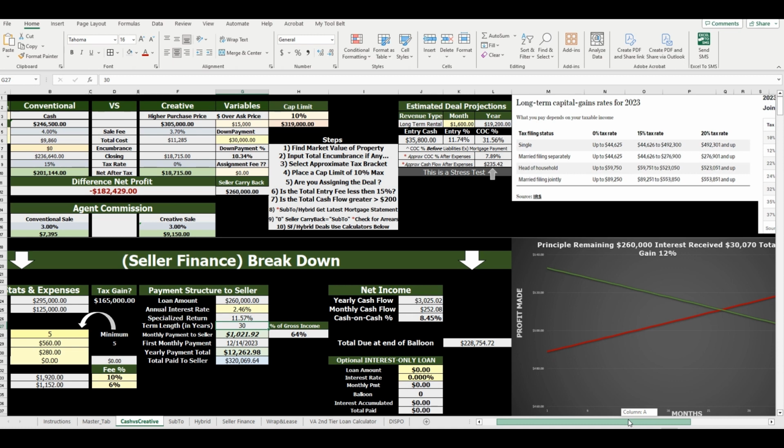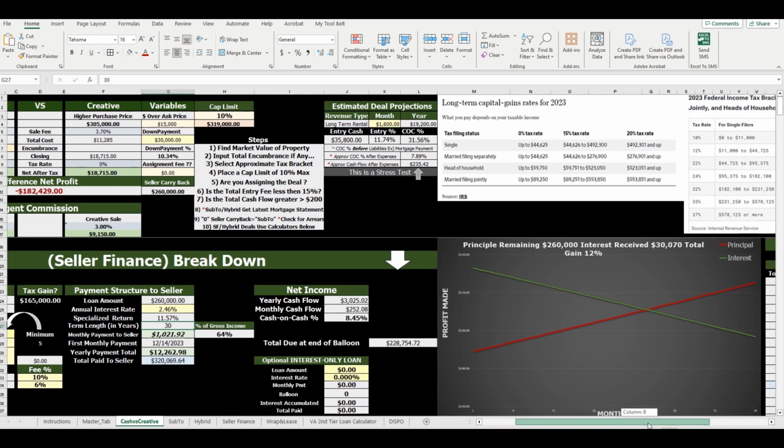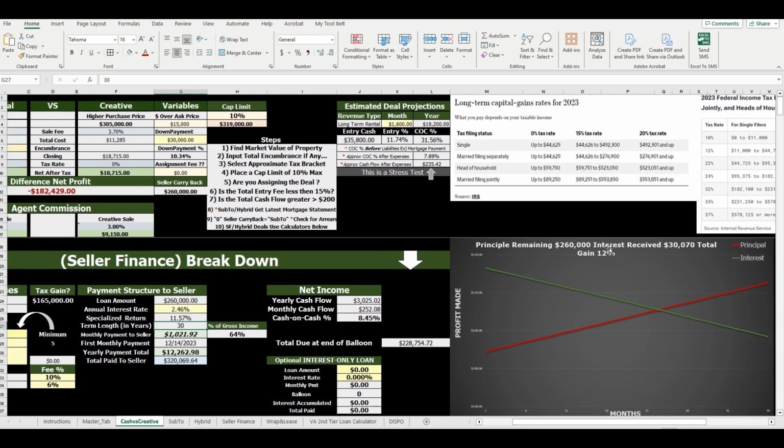That would be the same as me saying I'm going to put my money in a checking account, or in the stock market, and wait until I have a total gain of, let's say, maybe 4% year over year. So what we're doing here is telling the seller that you are going to receive a 12% gain over the next 5 years.